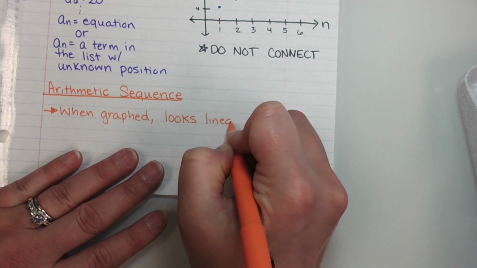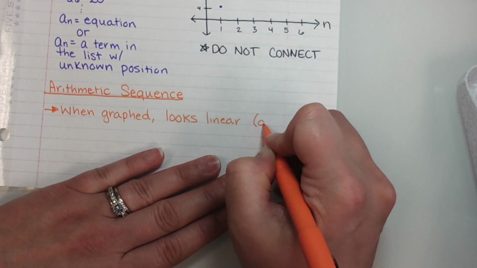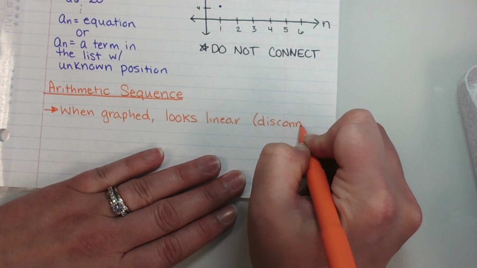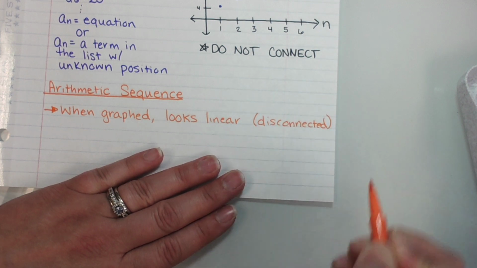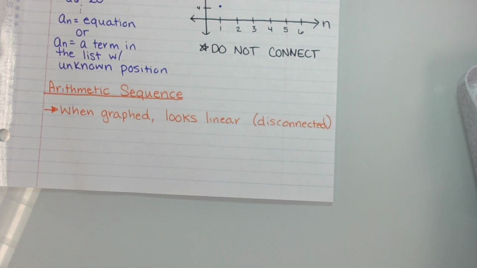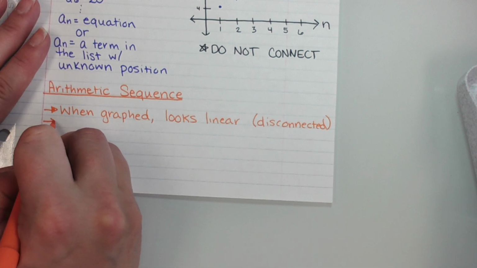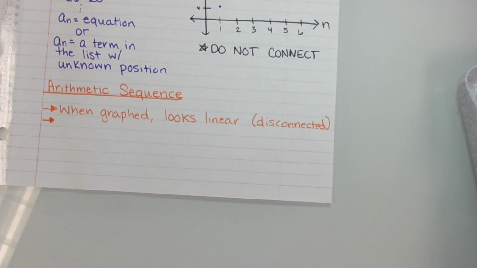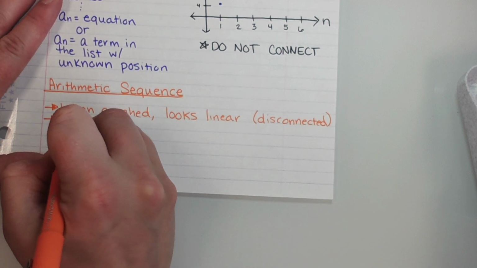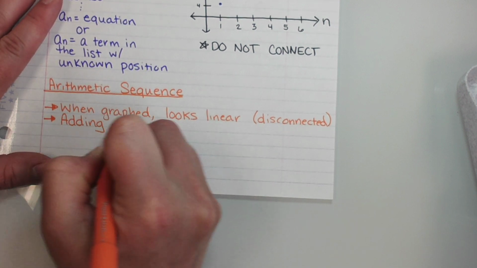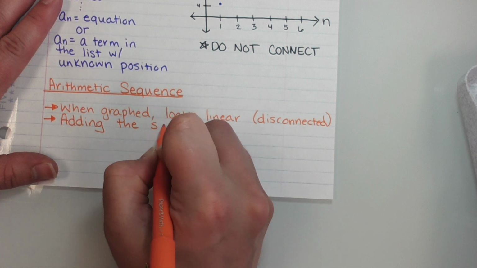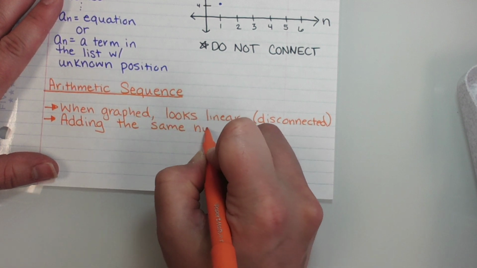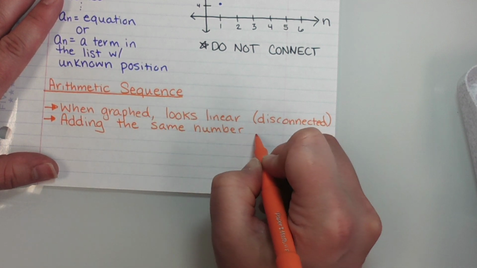Looks like a straight line, but disconnected. What actually makes it an arithmetic sequence is the fact that the pattern is adding the same number from term to term.